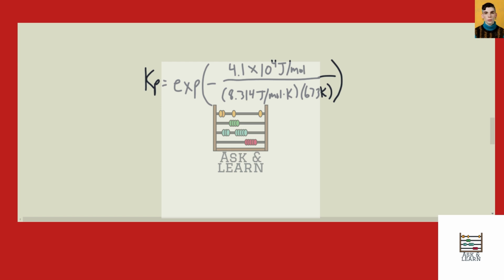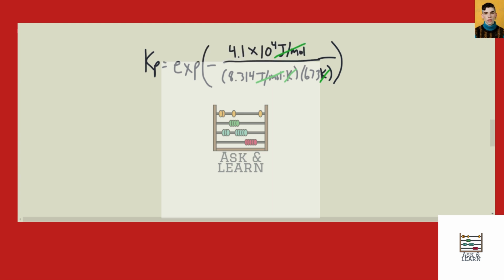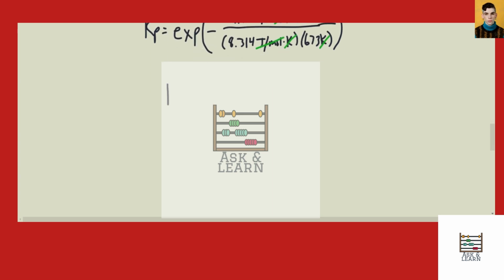We see that we cancel off units of Kelvin and joules per mole in the numerator and denominator so that we can take e to the power of this dimensionless quantity. We get a final answer of Kp at 400 degrees Celsius of 6.59 times 10 to the negative 4th.